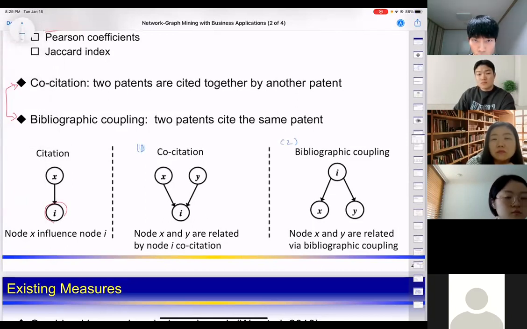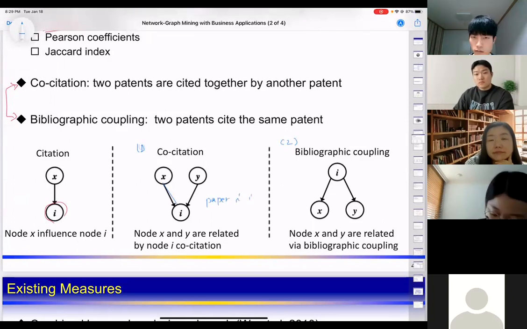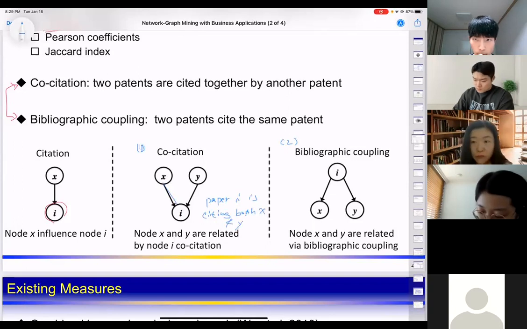Co-citation means paper I, or patent, whatever, is citing both X and Y simultaneously. Can you follow me?